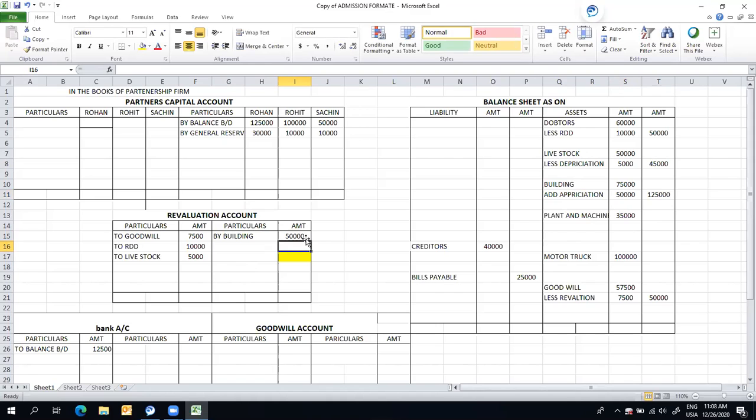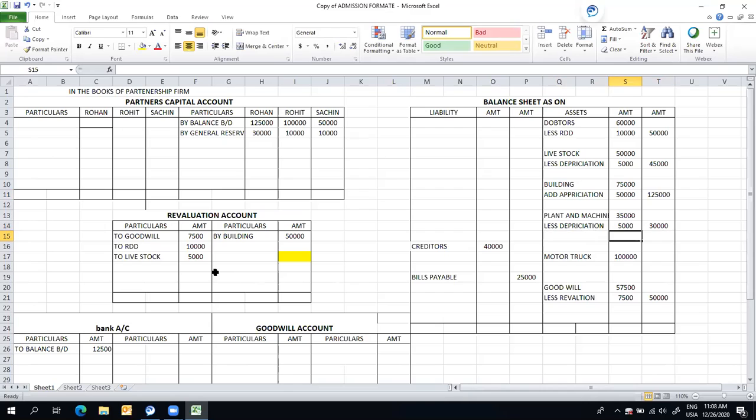Then next is plant and machinery, 30,000. So depreciated or appreciated? It is valued at 30,000, so it must have depreciated. Less depreciation, 5,000.